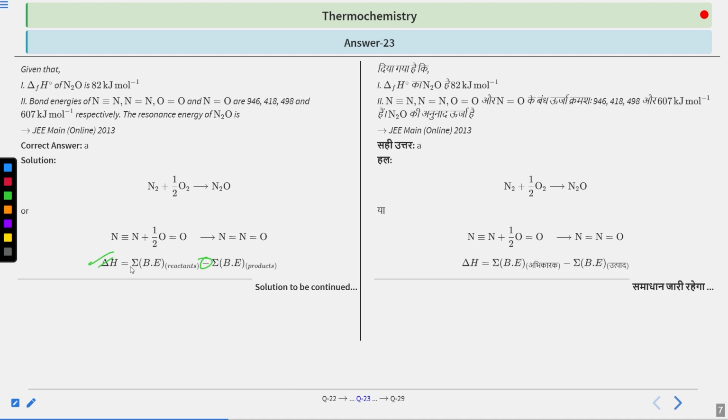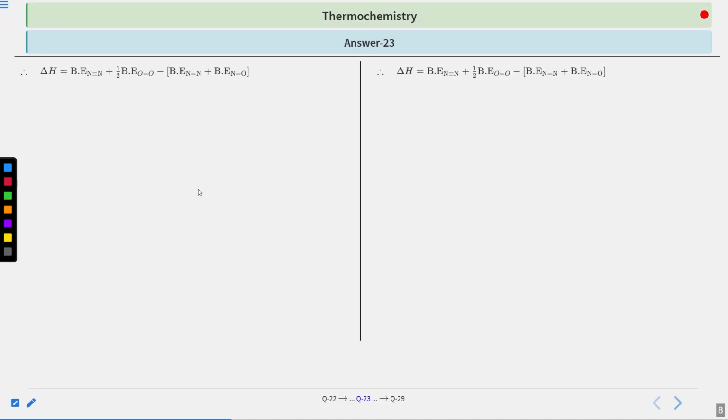So writing the delta H for this reaction, we have one N triple bond N on the reactant side, and one and half mole of O double bond O, therefore multiplied by half. Then we have N double bond N, and then N double bond O. We will take a negative sign in between. Putting all these values, you will get 170 kilojoule per mole.